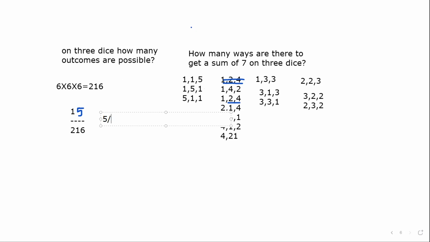Is it 0.06 something, right? 5 over 72. Let me go back to my screen.